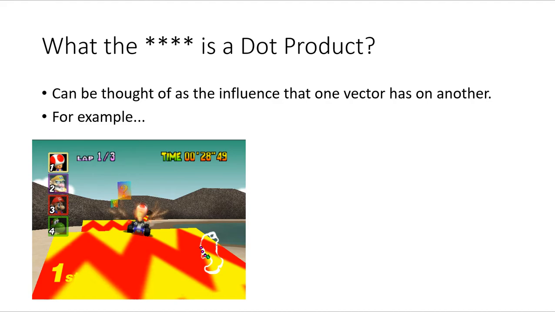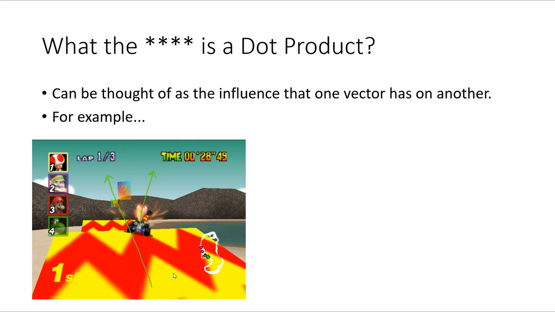And if you hit that boost pad dead on, so let me actually draw some vectors on Toad here. Let's say this is Toad's speed velocity vector, right? He's heading off that direction. But the boost is going this direction. The more aligned those two arrows are, the more impactful that boost is.